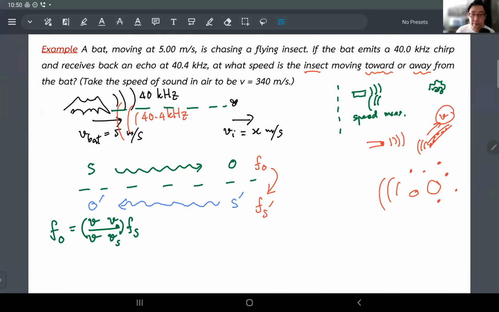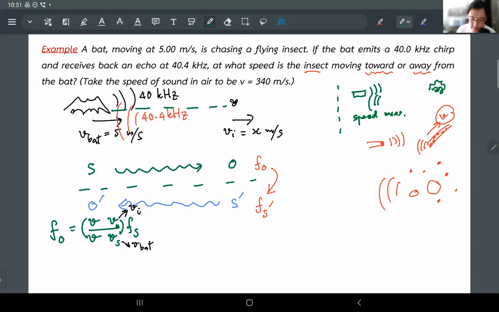There. Okay. And just put a quick note in here that the observer speed is going to be insects. The source speed is going to be the bats. Yes. Cool. Now, pick the sign for me, guys, for the first half.